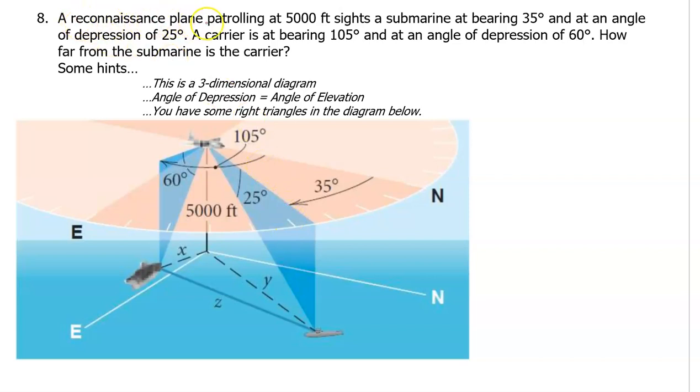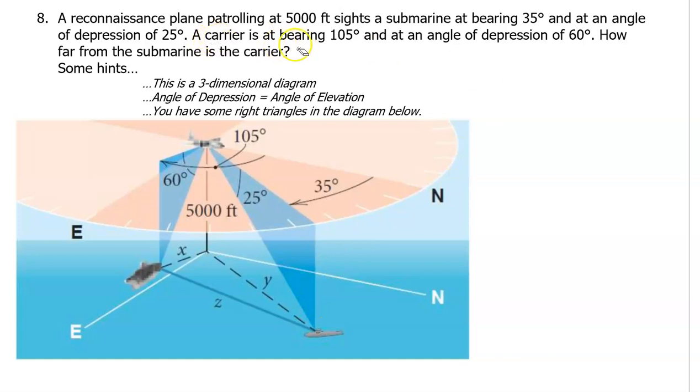A reconnaissance plane patrolling at 5,000 feet sights a submarine at a bearing of 35 degrees. Bearing of 35 degrees simply means it's 35 degrees away from north. So it's just what they're showing you in the picture. At an angle of depression of 25 degrees. So the submarine, angle of depression, 25 degrees.